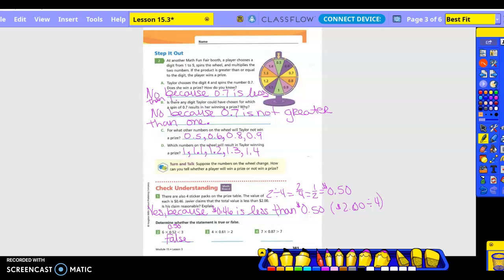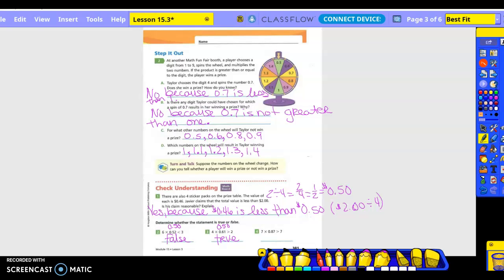Okay. 4 times 61 hundredths is greater than 2. So what is our 4 compared to our 2? Half. So we write 0.5 again, or 50. And 61 hundredths, is that greater than 50? Yes, so it's true.